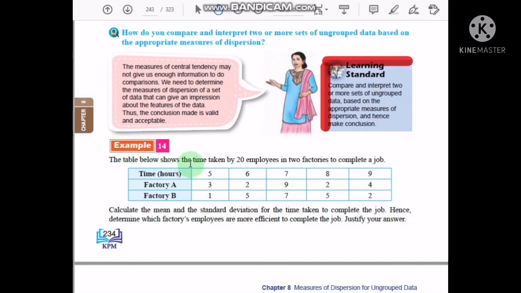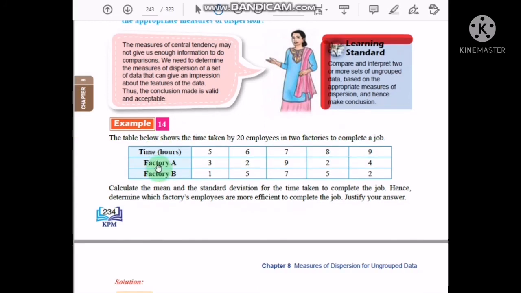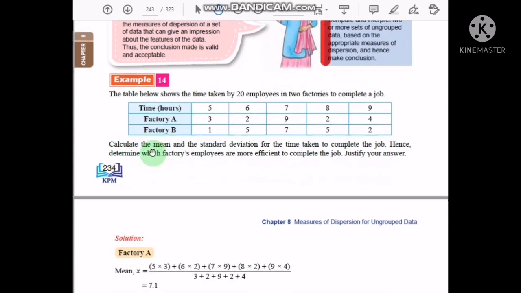The table below shows the time taken by 20 employees in 2 factories to complete a job. This is the time in factory A and factory B. Calculate the mean and the standard deviation for the time taken to complete the job and hence determine which factory employees are more efficient to complete the job and justify your answer.